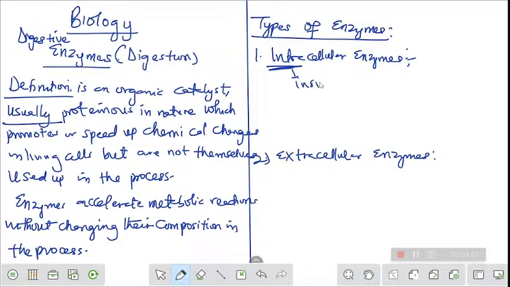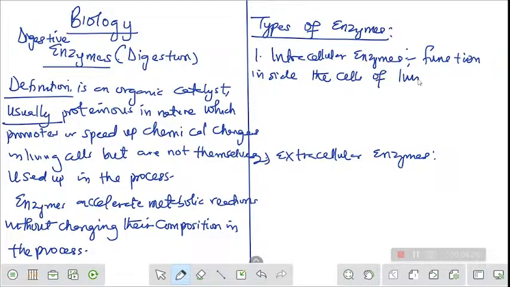Intracellular enzymes are the type of enzymes which function inside the cells or living organisms. That's why we call them intracellular, not extra. If it is extra, that's exterior, outside.